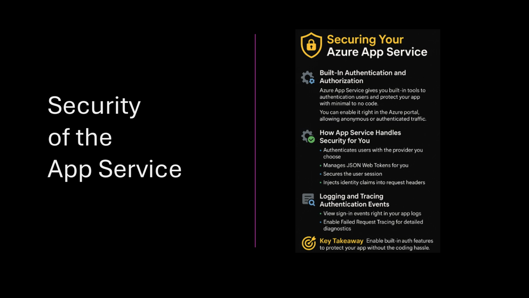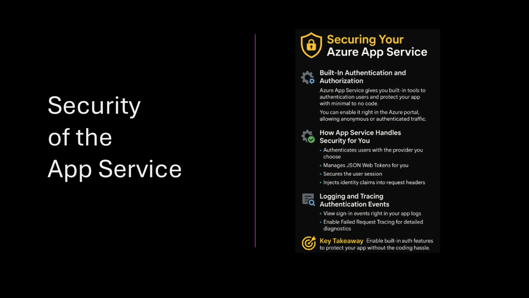Once you enable authentication and authorization in Azure App Service, the platform quietly handles much of the heavy lifting for you behind the scenes. It starts by authenticating users through the identity provider you select, whether that's Microsoft Entra ID, Google, Facebook, Twitter, or GitHub.